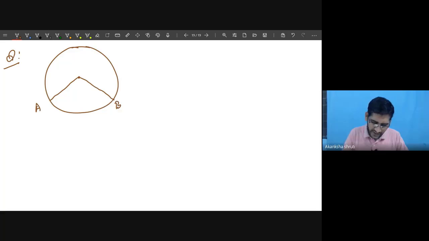Students, consider this. A, B, and another one is this one. This is the point C. It is given that, consider this point as M. Consider this as 40 degree.